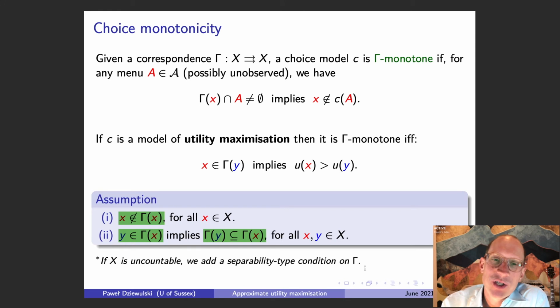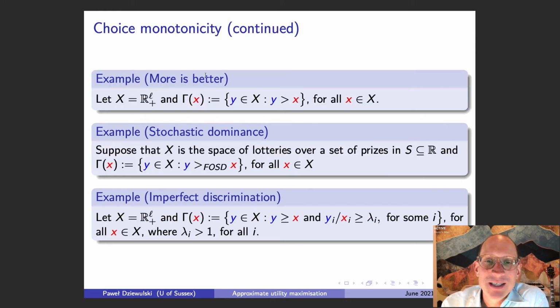Just to give you some intuition, a few examples. More is better is one possible way of looking at it. If I think about bundles, if one bundle has more goods in all dimensions and strictly more in one dimension, I would say it's objectively better than X. Stochastic dominance is pretty much the same idea. If you want to analyze choice over lotteries, then if lottery Y strictly stochastically dominates X, then it's objectively superior. That's a different normative assumption you can impose.